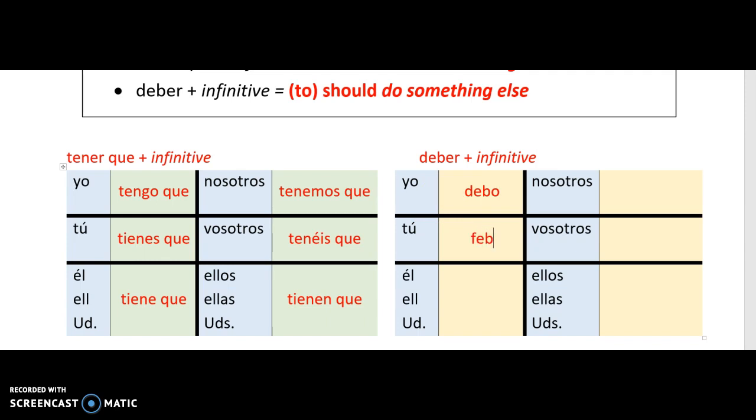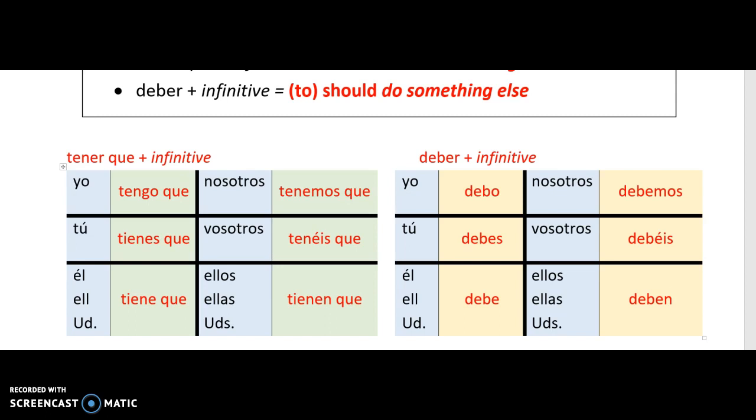Tú debes. Él, usted debe. There's nothing irregular here. No stem change, no irregular yo. Nosotros debemos. Vosotros debéis. Ellos, ustedes deben. There it is.